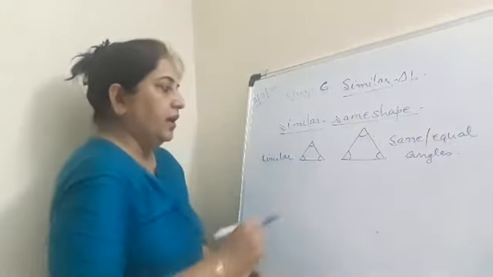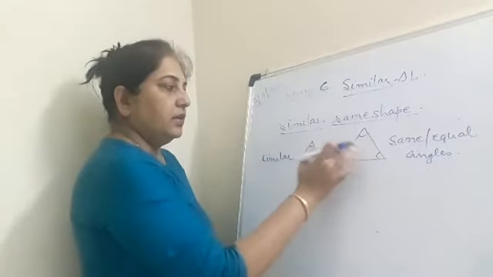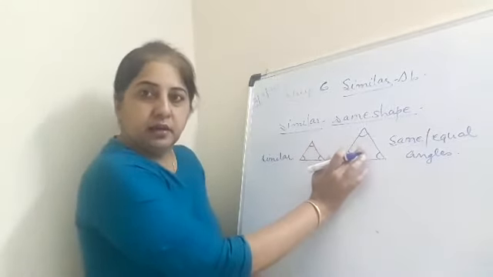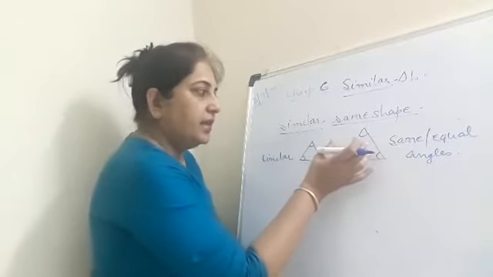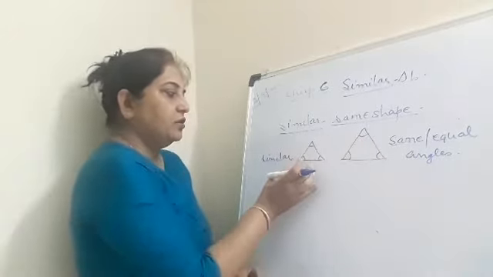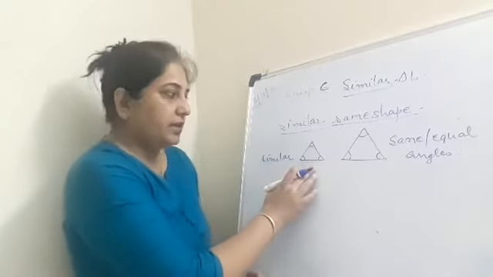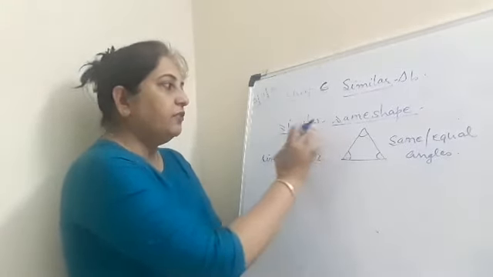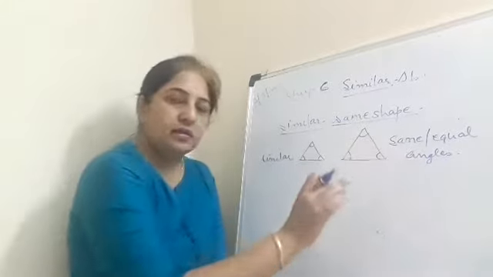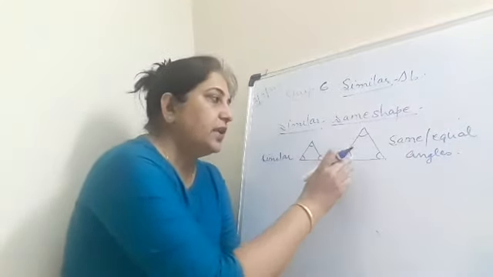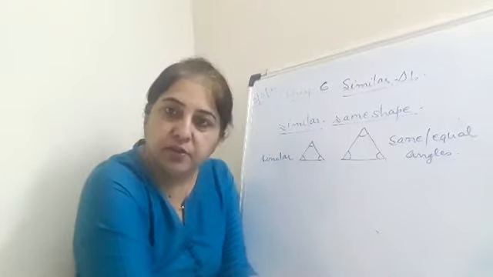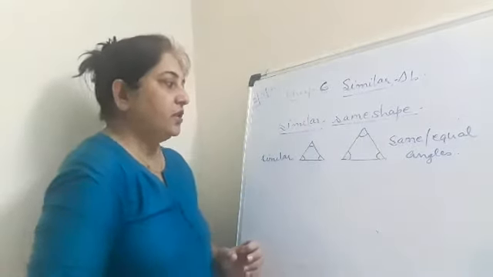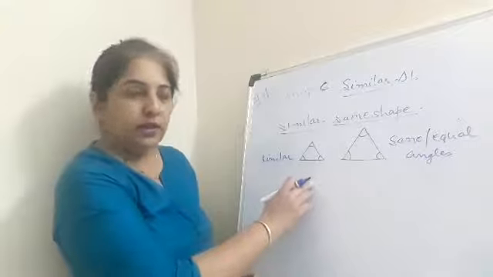If I change the angle of this triangle, what will happen? The shape of this triangle will change, and then this triangle will not be similar to this triangle. Because similar figures have the same shape and equal angles, if the angle of any one of the triangles changes, its shape will change, and when its shape changes, they will definitely not be similar to each other.